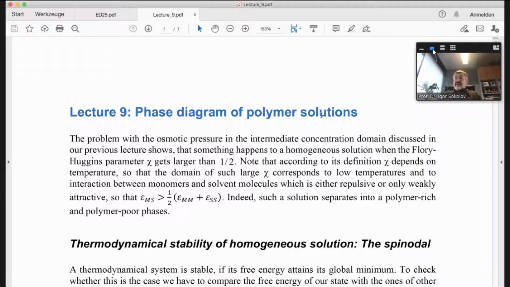This is that when you use the model without thinking, but simply use the model for the solutions or the solvents which can get poor, for example, by lowering the temperature, suddenly you get negative pressures.